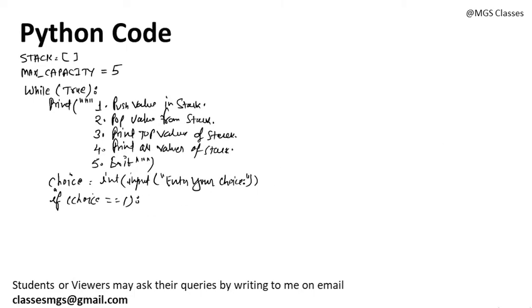Before pushing the element, we need to check for stack overflow. So if the length of the stack equals the maximum capacity of the stack, then we are going to print the error, stack overflow.